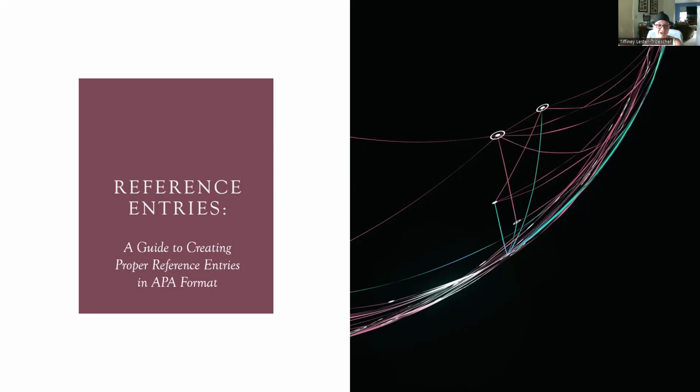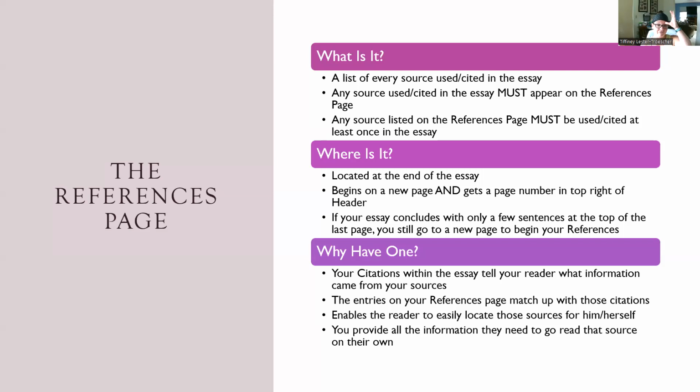Okay? All right. So the references page, what is it? It is a list of every source that you have cited in the essay. Any source that is used in the essay must be cited, right? Every time you use information from a source in the body of the essay, you have those parentheses with your citation every single time.